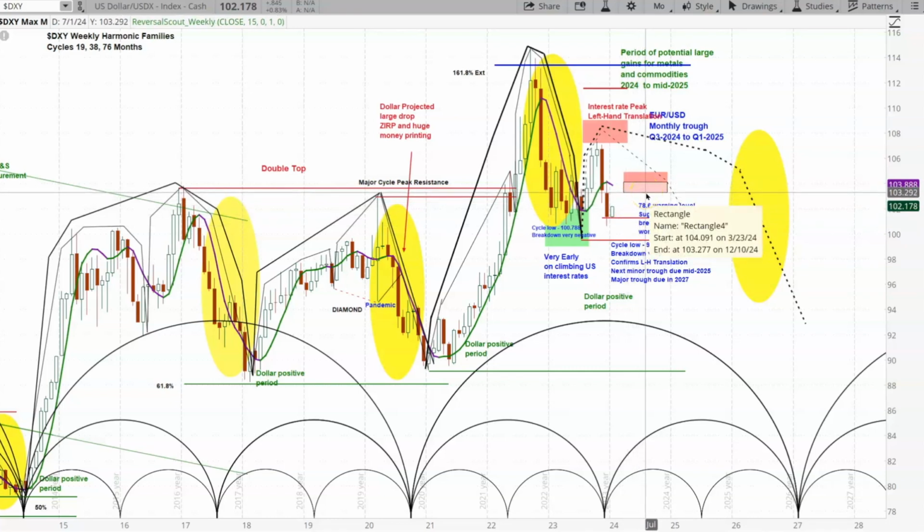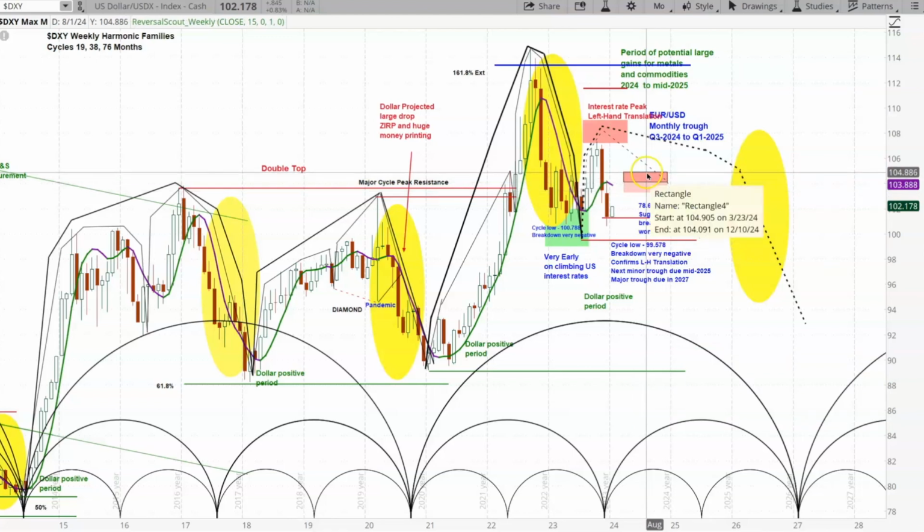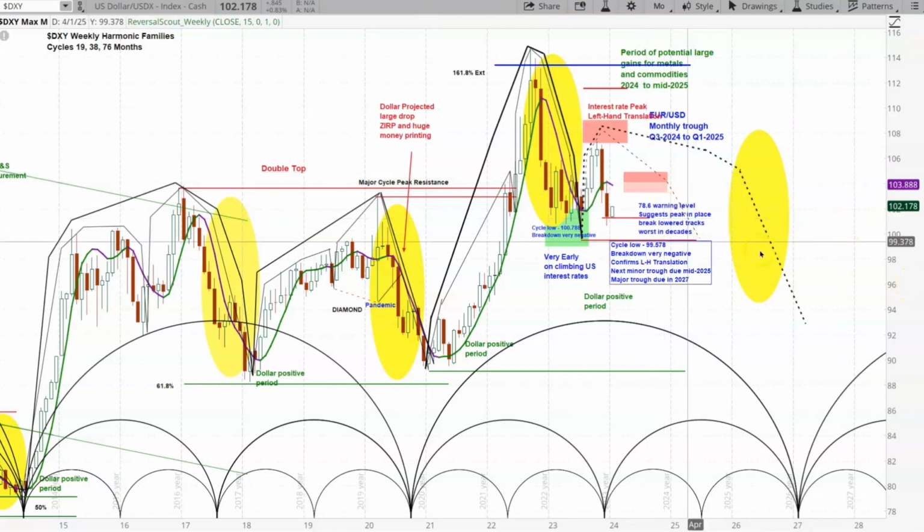So we're going to look for a rally maybe into Q3 up to that 103.5, 104 area, outside 104.80 is what that looks like, and then be moving down again.